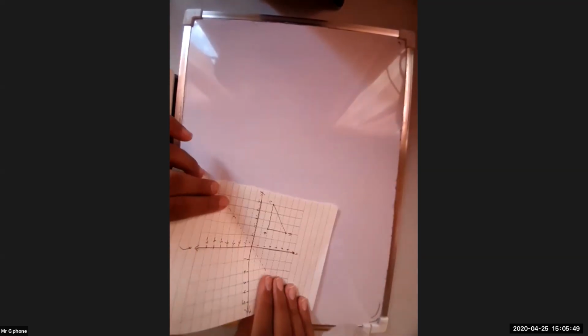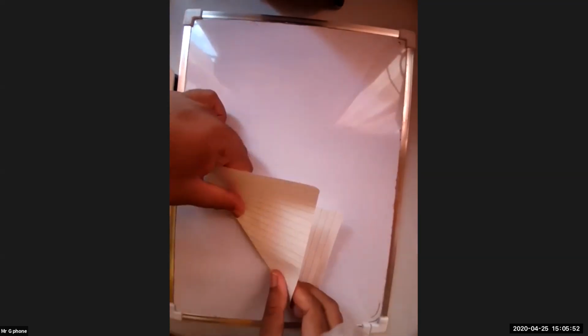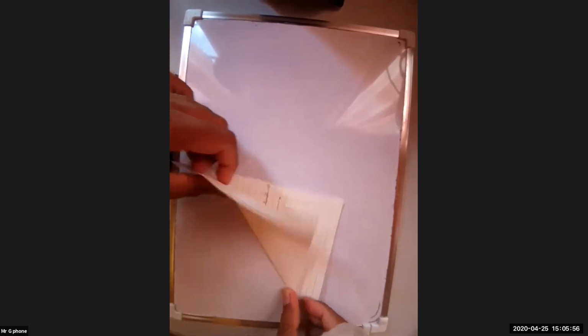So this is the mirror line here. All I tell them to do is take their pen and press it here on the mirror line, right? As you can see, it's on the mirror line itself.